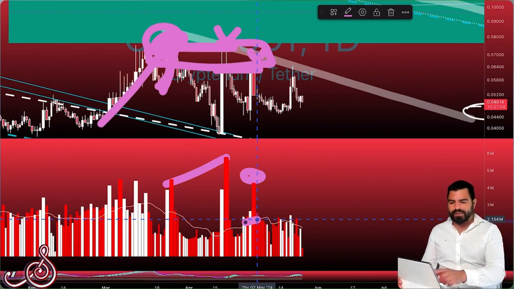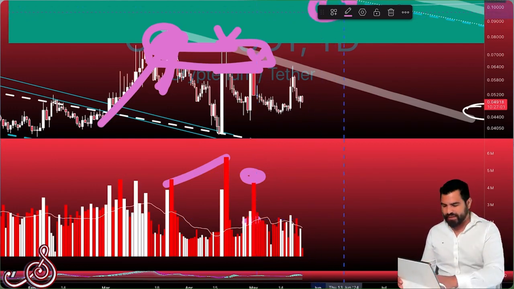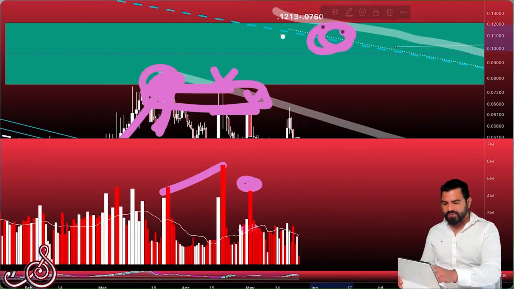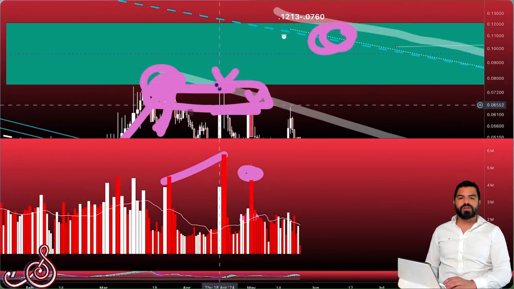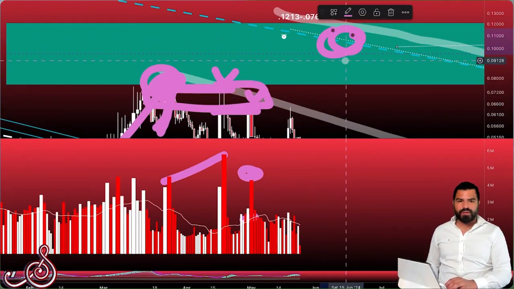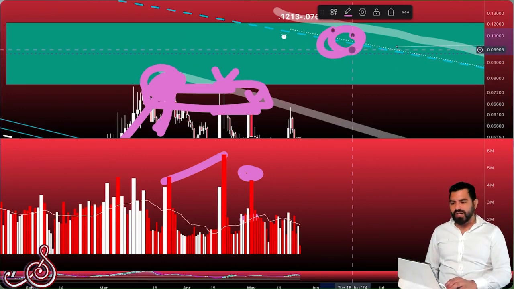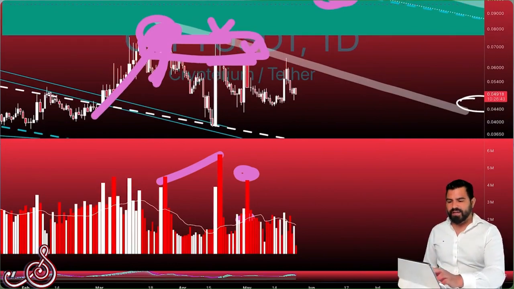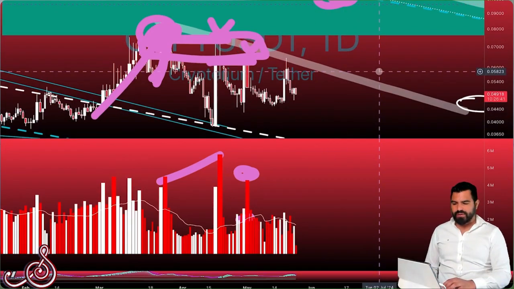So they have a reason to challenge it again to the top. So I would say, because we didn't get to a situation where there's no demand in this area, they're going to challenge it again. It's more incentive for them to have a breakout. So I would say that in the smaller time frames, you're probably going to see a breakout because of this. It increases the chances of it.